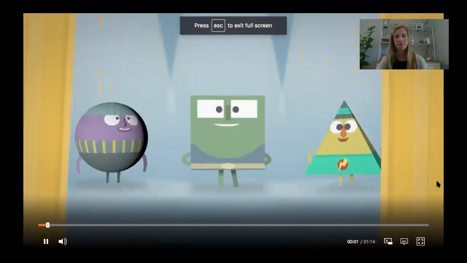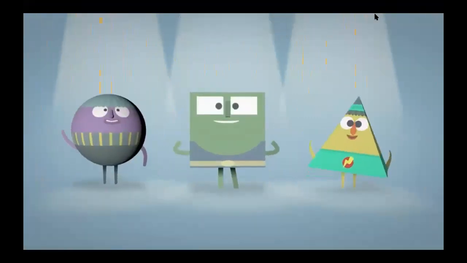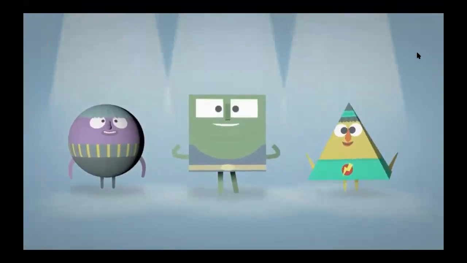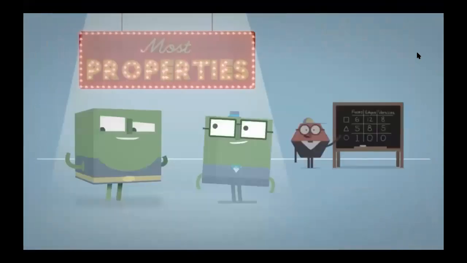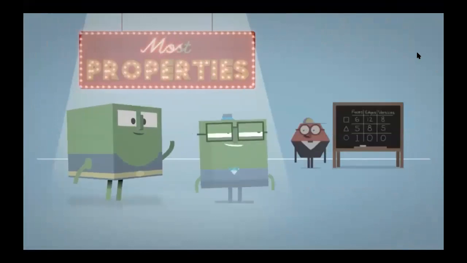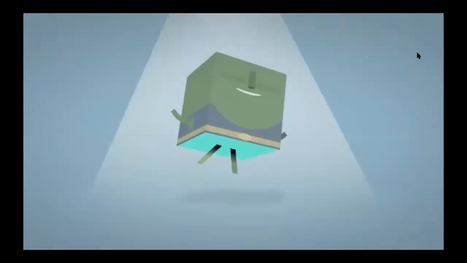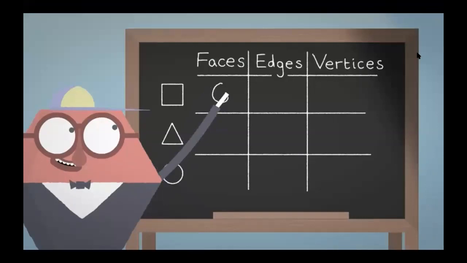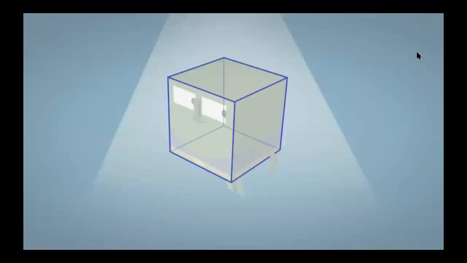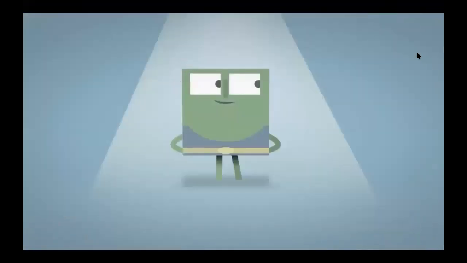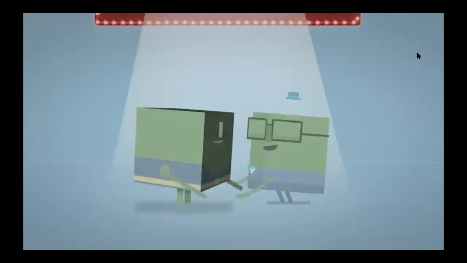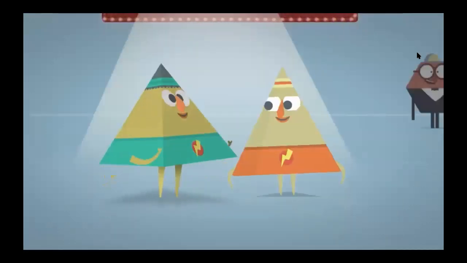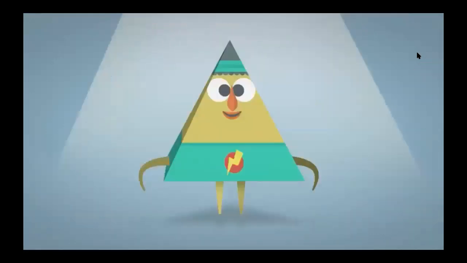It's crunch time for the 3D crew, and who's going to take home the coveted and totally pointless prize of most properties? Well, anyway, a 3D cube has 6 square faces. Edges, that's 12. Right, what about corners or vertices? That's the bits where the edges meet. 8. Oh, cube's really smashing this. Time for the mighty square-based pyramid. Let's go.